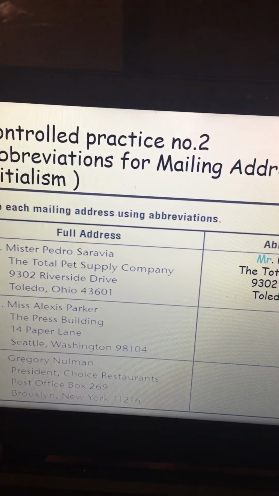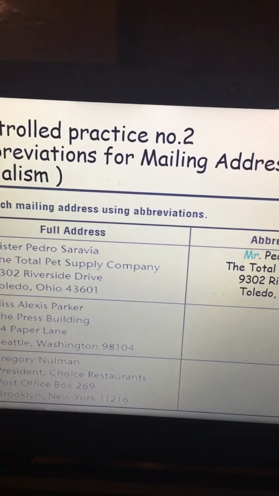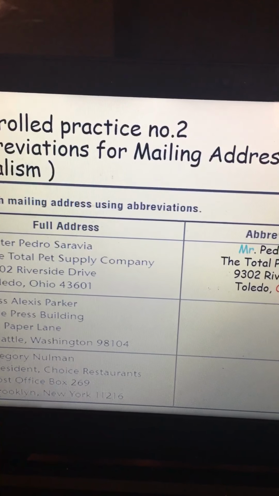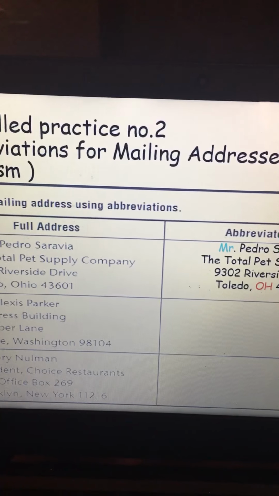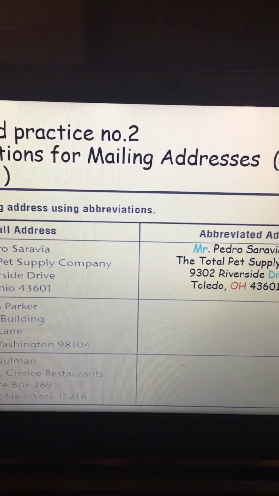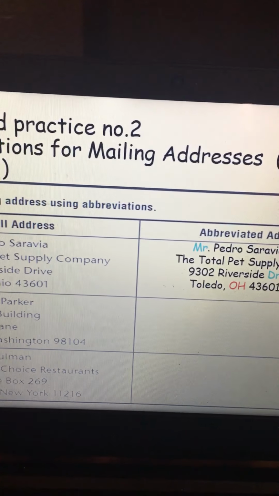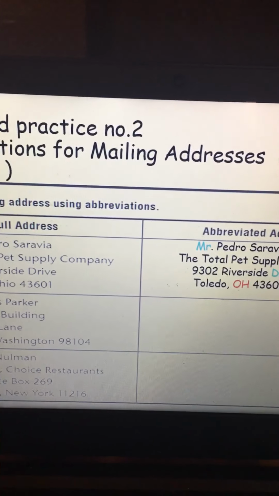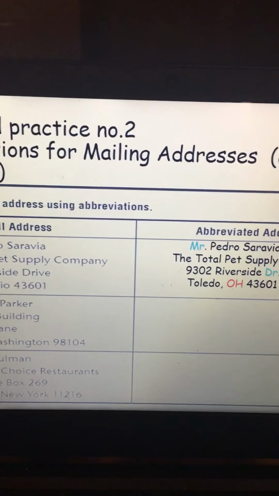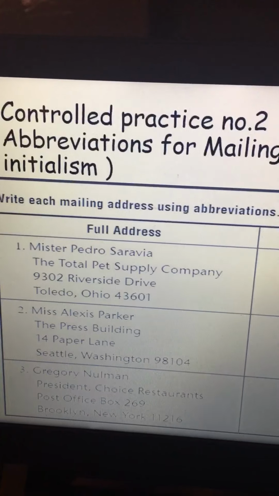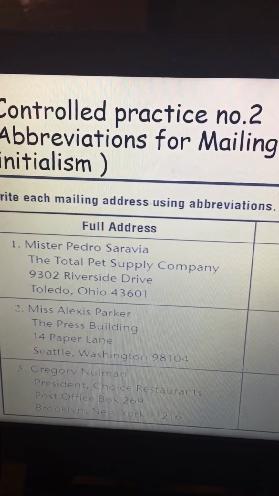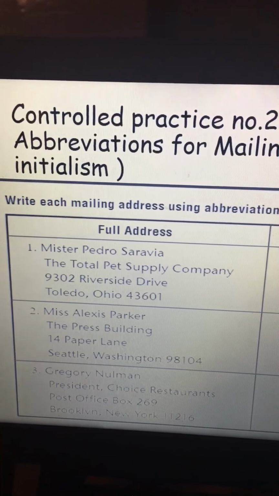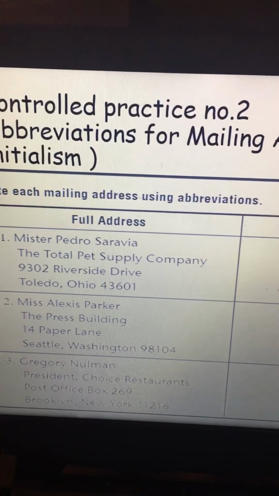In this second slide, you are asked to use the abbreviations for mailing addresses. We use both contractions and ellipticism rules. Here we have an address that includes words for people and places.